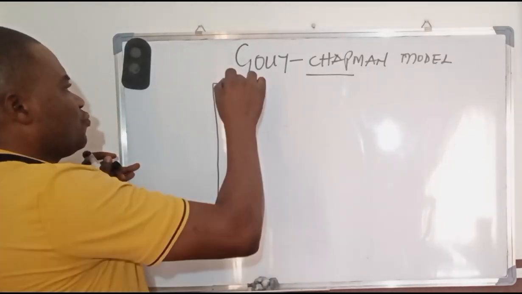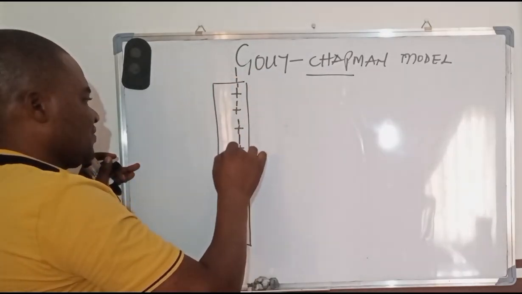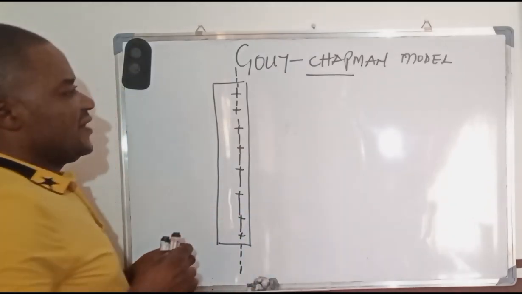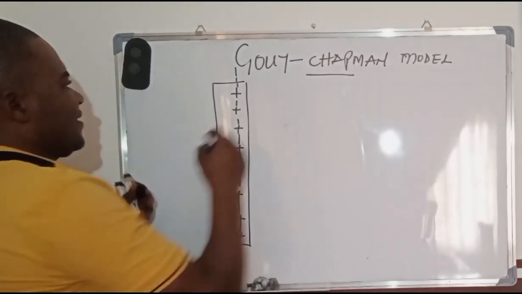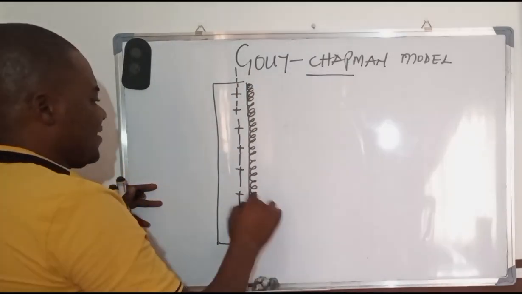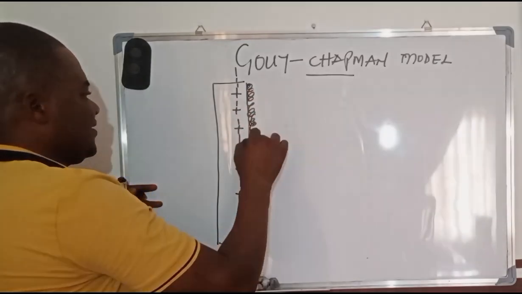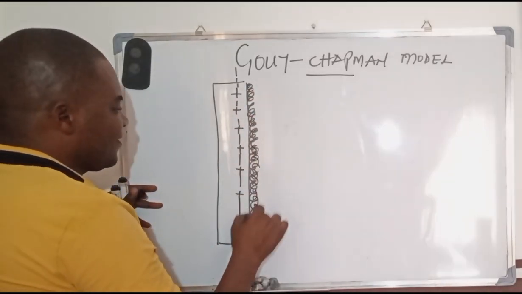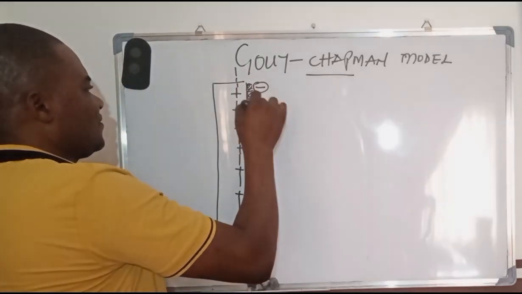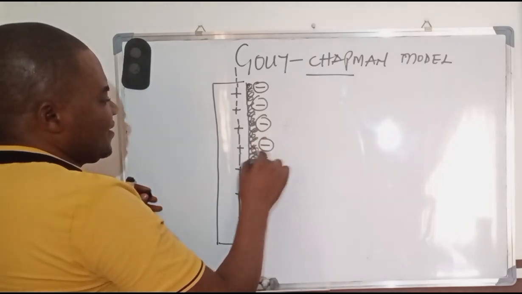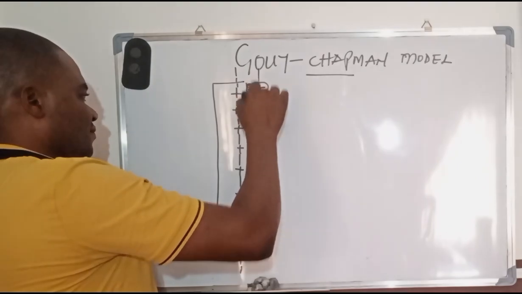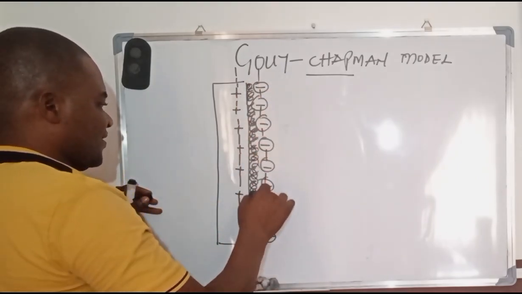Now at this point here we have the interface, and then we have negative charges aligning themselves at this point.